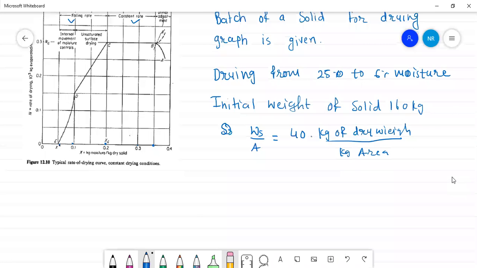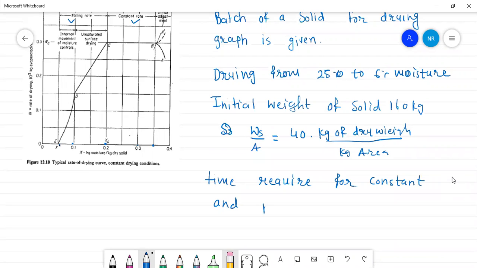Ultimately, we have to find the time required for the constant rate and falling rate drying.